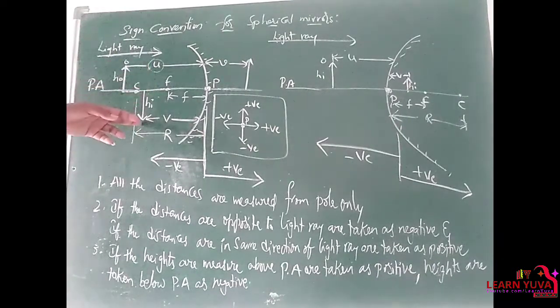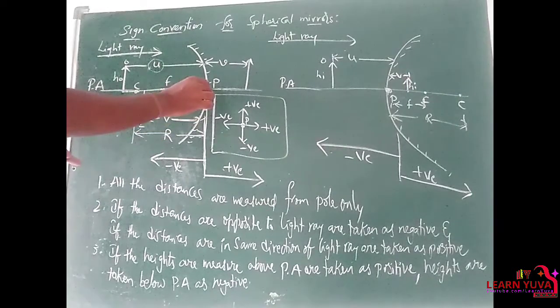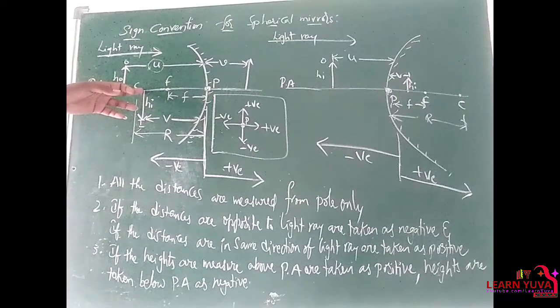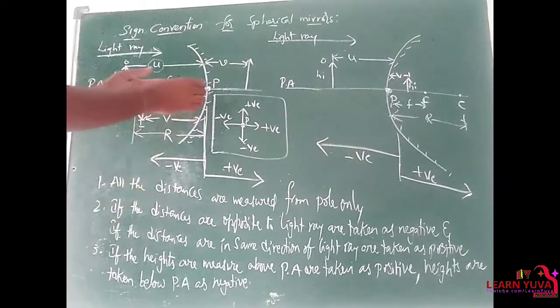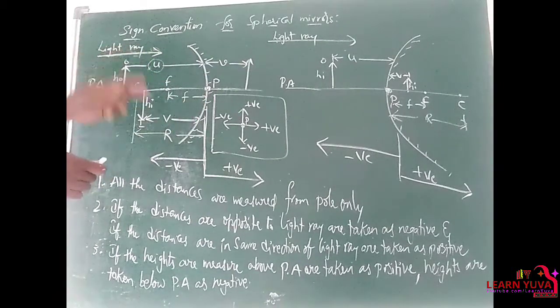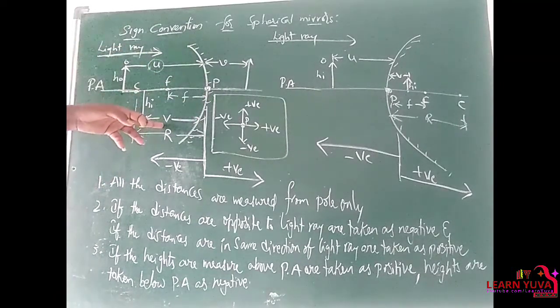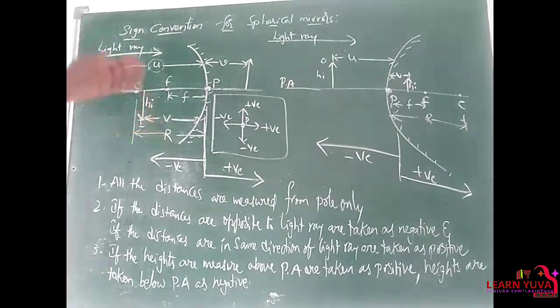And it is the image. Considering the first rule, from pole to position of the image is nothing but image distance v. Since we are measuring opposite to the direction of light ray, v is also taken as negative for real images.